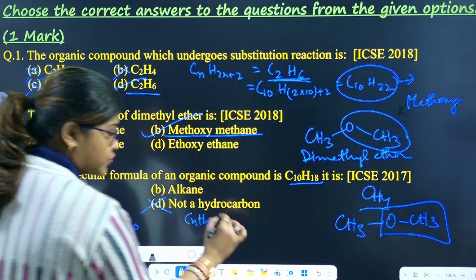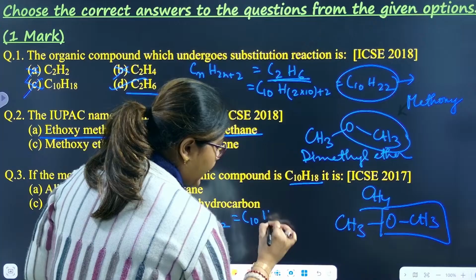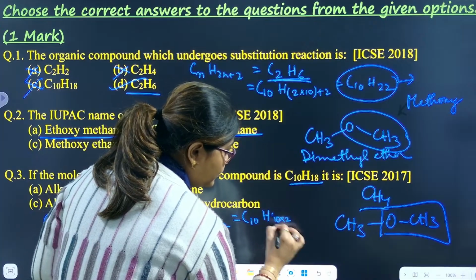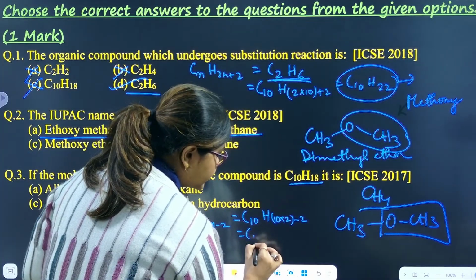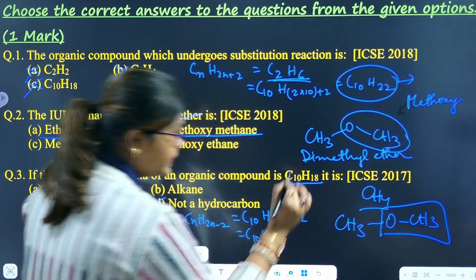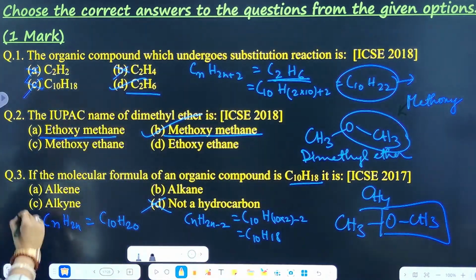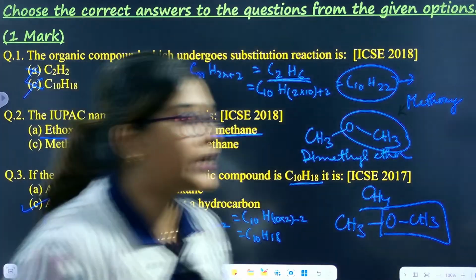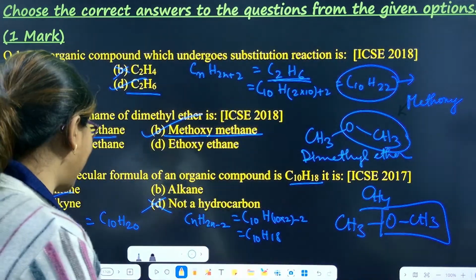CnH2n minus 2. That means C10H 10 into 2 minus 2. That means C10H18. Therefore, this is a alkyne. So the correct option is alkyne.